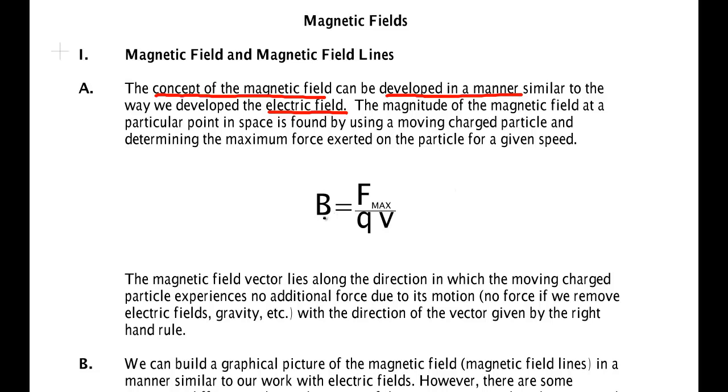So we say here that the magnetic field, by definition, its magnitude, is the maximum force on a charged particle, Q, at speed V. So if you have a charged particle going this way and you measure some force, let's say there was some V, and for that we measured some force for this Q. But then we found that if we sent the particle in a different direction, we measure a different F. At some direction, we would measure a maximum F. And that force would be perpendicular to the velocity direction and also perpendicular to what we're going to call the magnetic field.